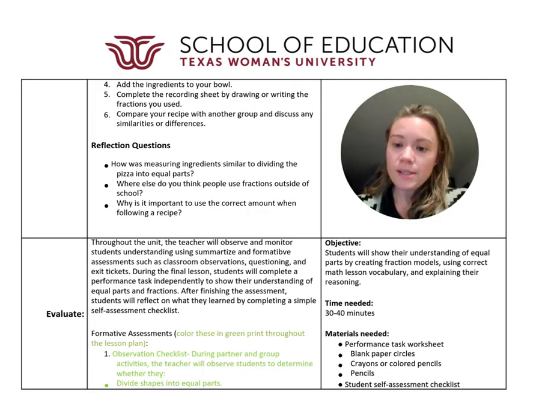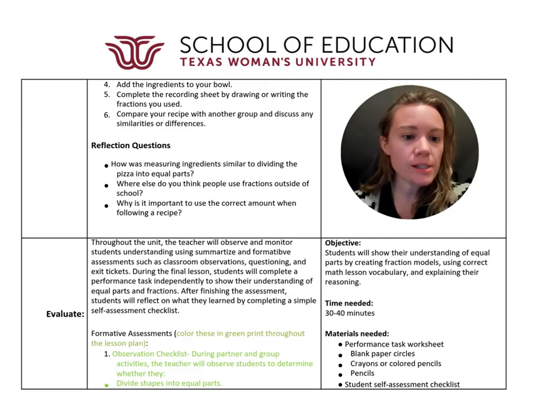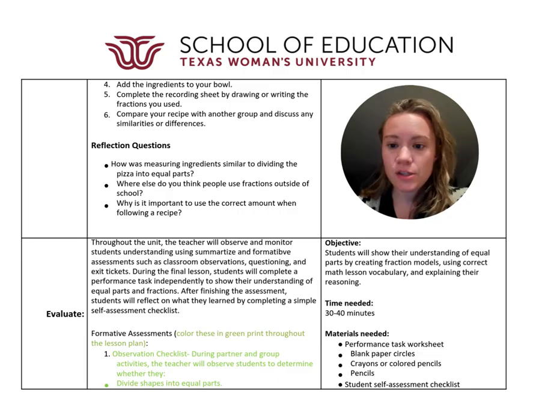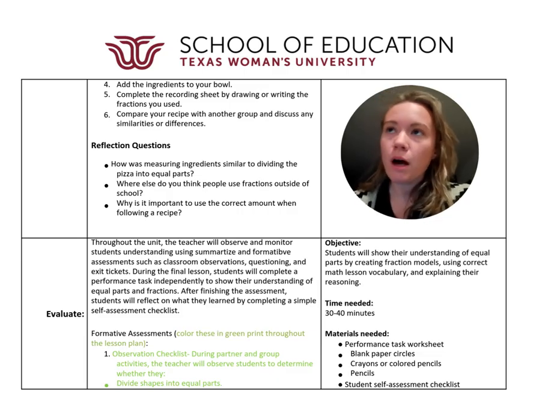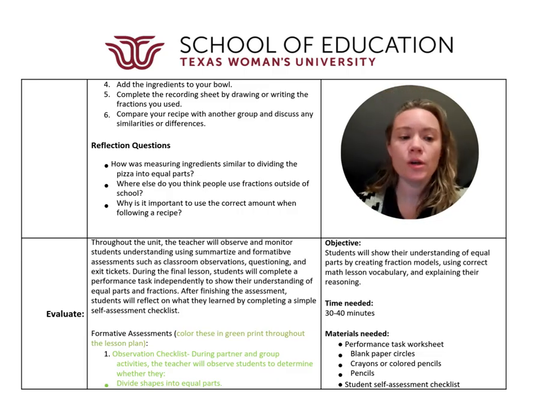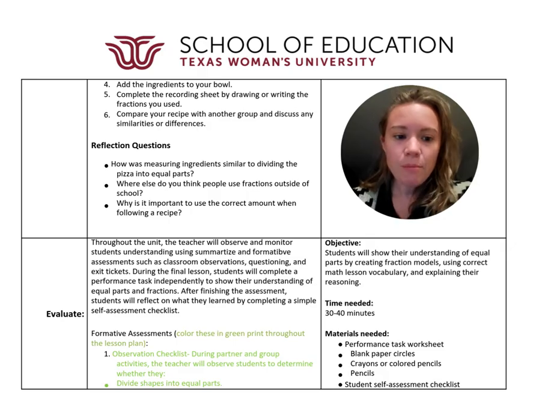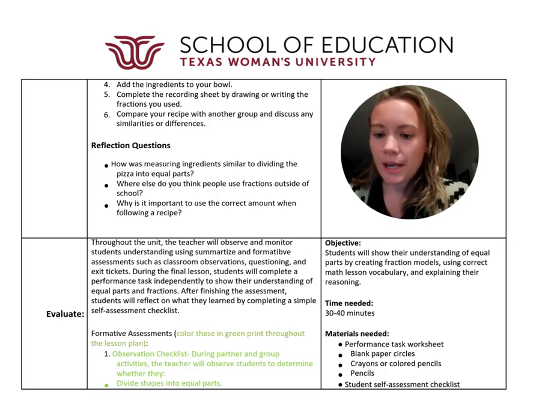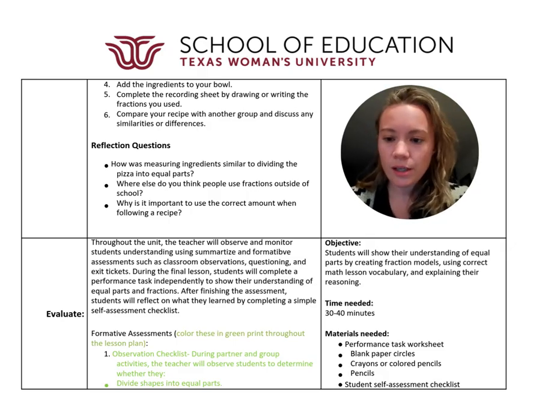So the final phase is the evaluate phase. Throughout the unit, I used formative assessments, such as observation checklists, self-assessments, and exit tickets to monitor and check for student understanding. At the end of the unit, the students completed a performance task where they planned a pizza party by dividing pizzas into equal parts and explaining their reasoning using the vocabulary that we covered.